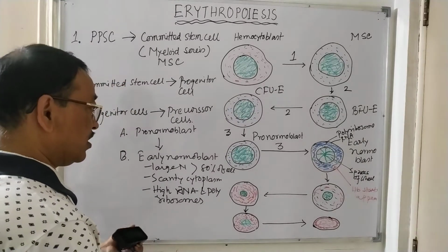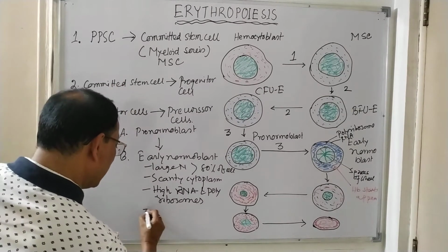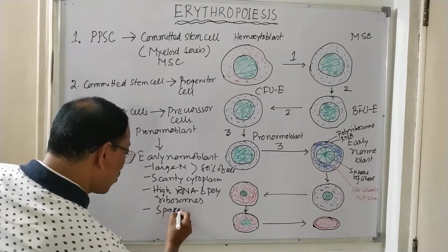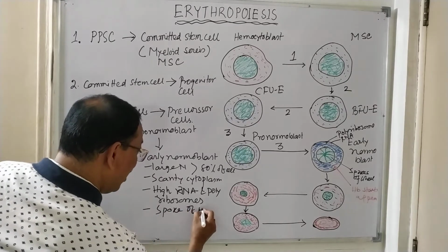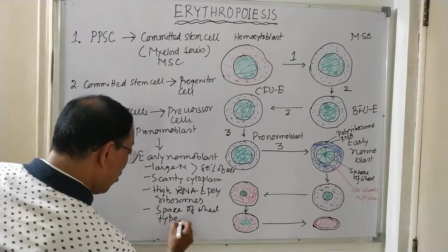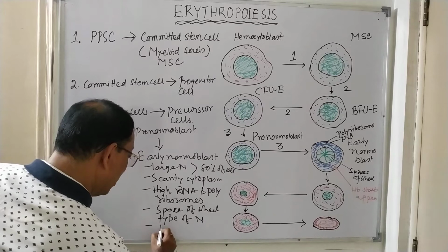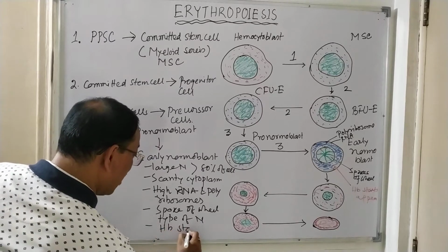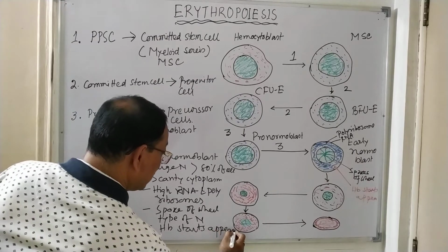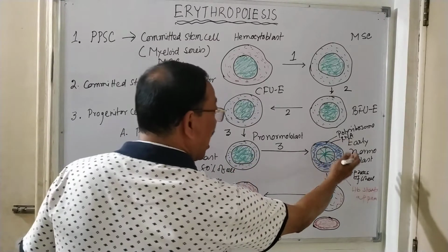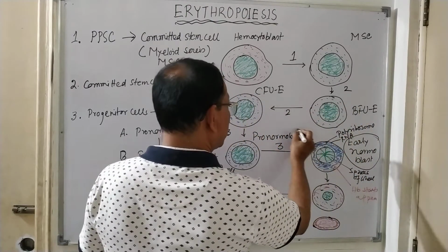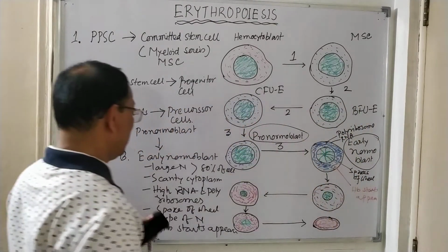So in the early normoblast, there is a spoke-of-wheel type of nucleus, and hemoglobin starts appearing. This is the early normoblast stage.